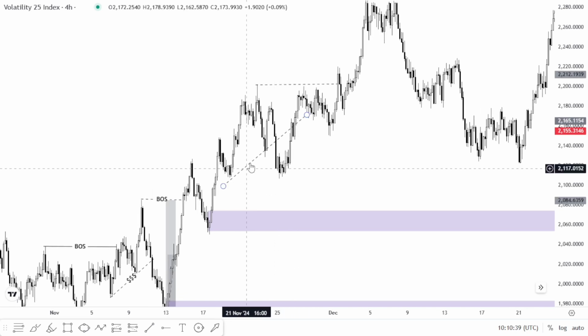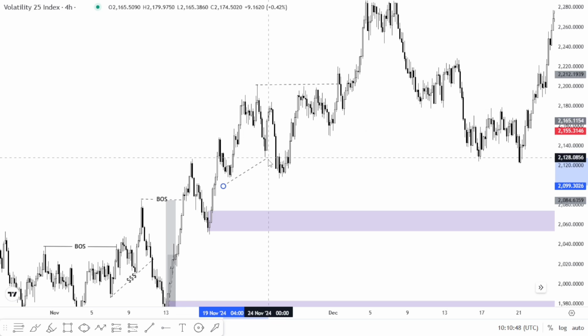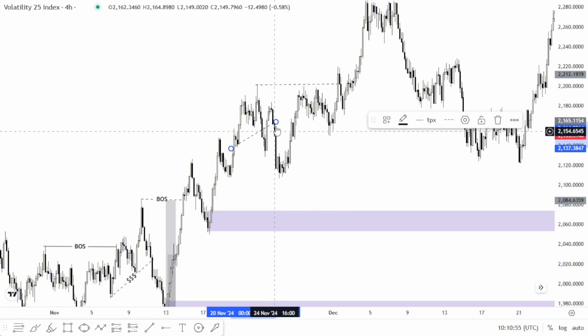Right here we had liquidity, so the market was supposed to come down here, but it didn't. What happened is we ended up breaking another structure, and we had some liquidity area right here.